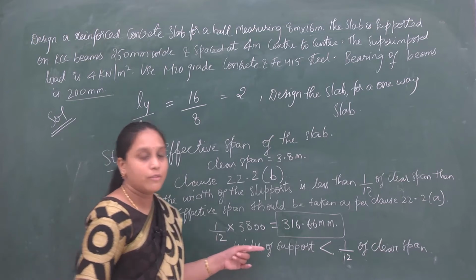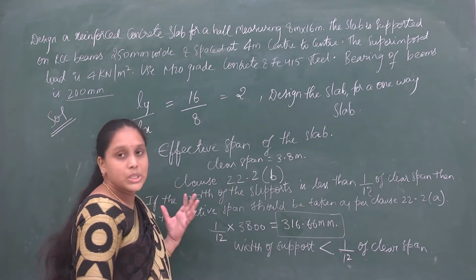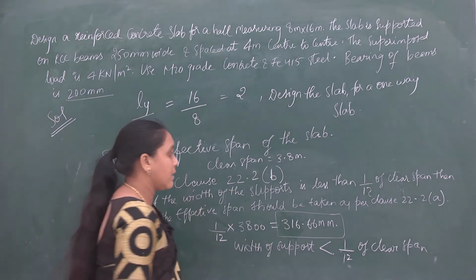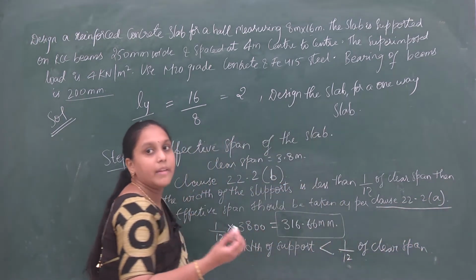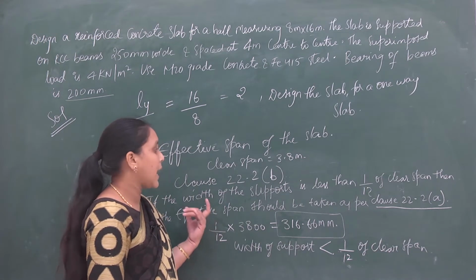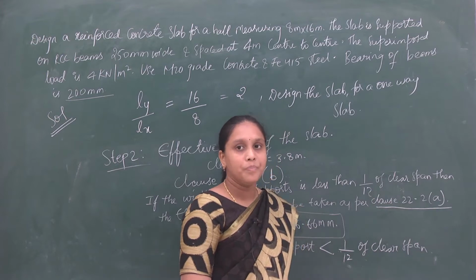So if the width of the support is less than 1 by 12 of the clear span, then by using the formulas given in clause 22.2.a, we have to calculate the effective span.